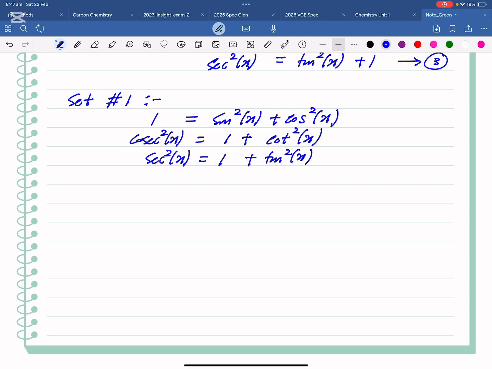Now we are talking about the second set. Set number 2, proof not needed. Why? Because all of these have a geometric proof. You make a triangle and then do all of these things.